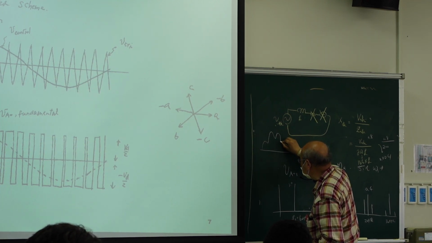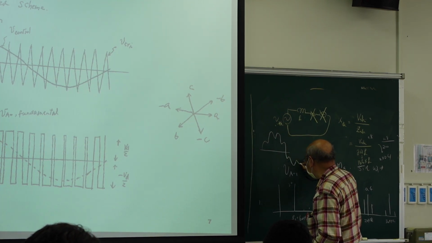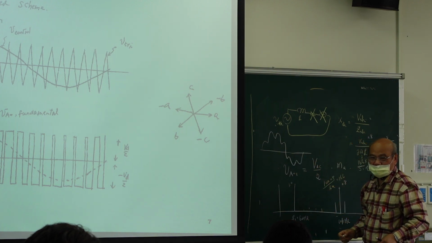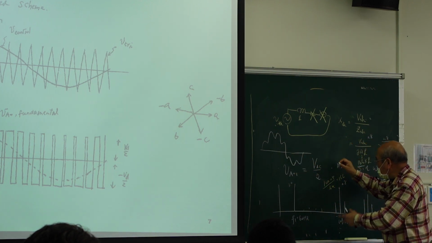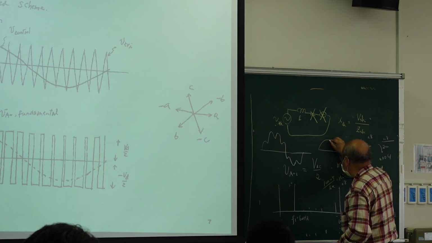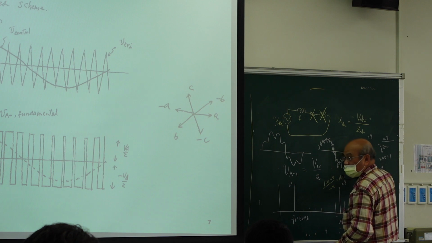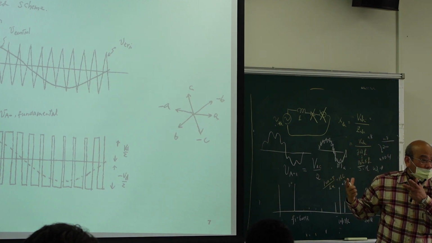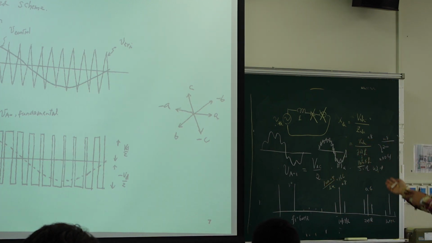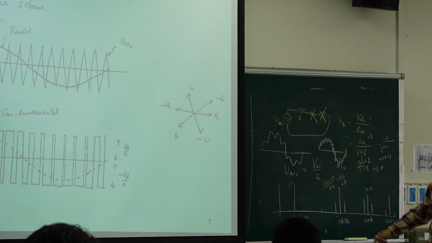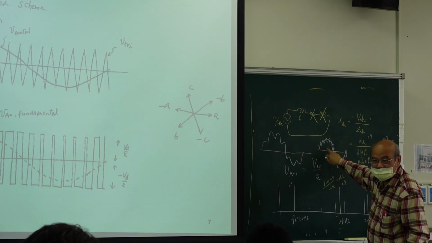So before, if you use the 6-step, what is your current? It will be like this, because you have a lot of harmonics. After you use this, what is your current? Your current becomes this. We saw the video, right? Like this. So which one is better? Do you like this one or this one?